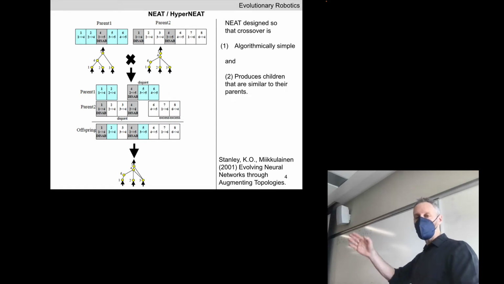Now we can walk across this aligned list, and as we go, every time we're going to flip a coin. Heads, we copy the synapse from parent 1 into the offspring, and tails, we copy in the synapse from parent 2. If we get to a point in which there is only one copy of that synapse in one of the parents, we can again flip a coin and either include it or include nothing at that point.